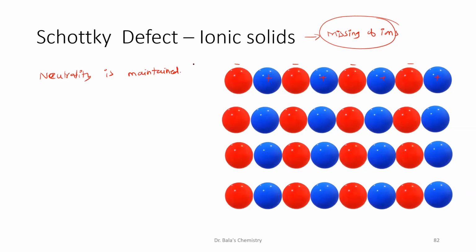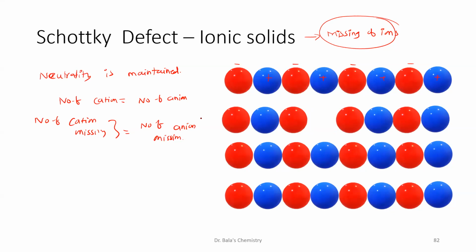The number of cations is equal to the number of anions. At the same time, the number of cations missing is equal to the number of anions missing. You clear? So that is neutrality.